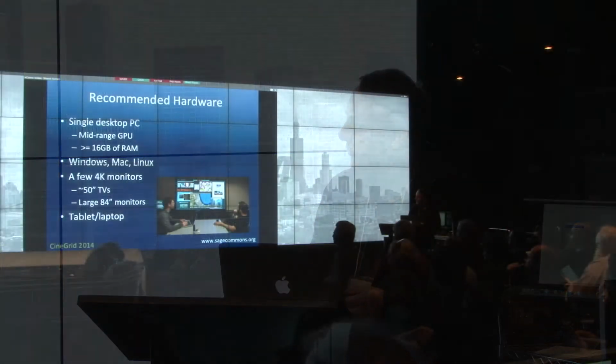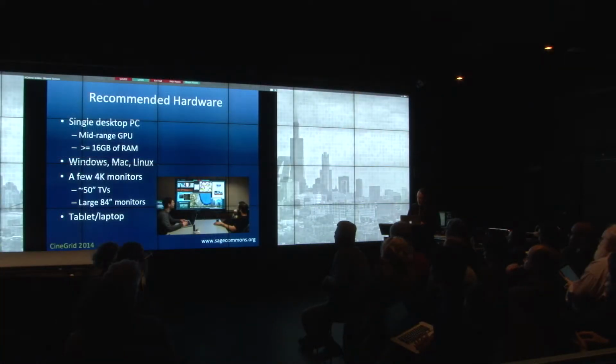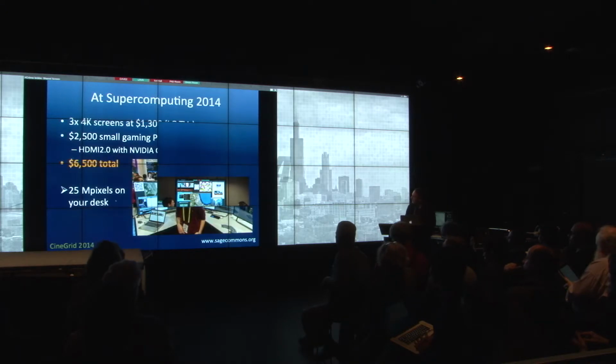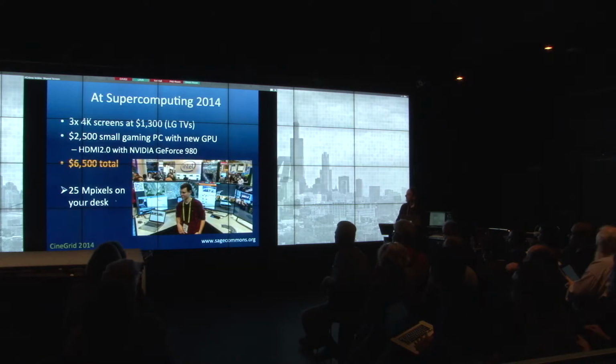We're mostly using Mac and Windows as a testing platform. And basically you get a few 4K screens. They're very cheap these days. So one PC, a few 4K screens, and you get yourself a very nice setup, and maybe a tablet and some laptops. What we showed at Supercomputing was a system which cost $6,500, and it was three 4K screens from Amazon. You just click and buy them.